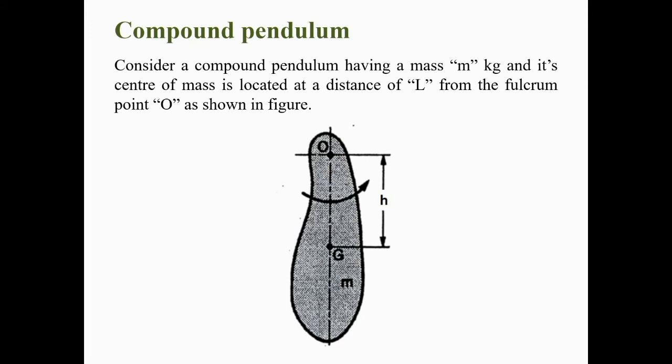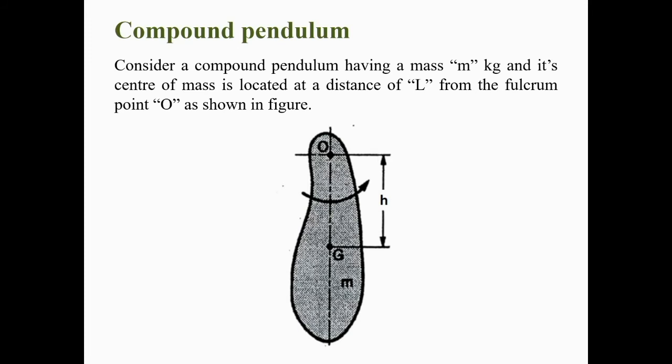But in a compound pendulum, mass is distributed throughout the length of the pendulum. Here the geometry of the pendulum could be different, it could be irregular.